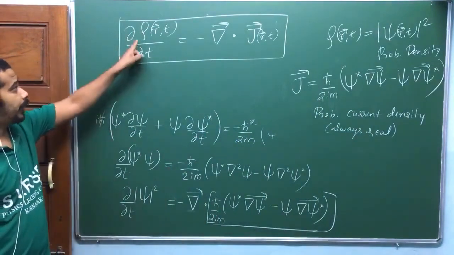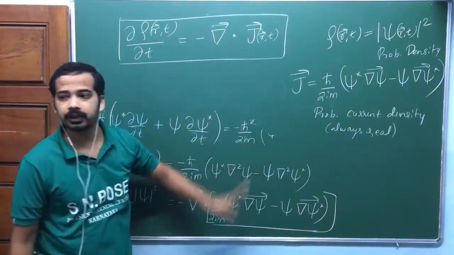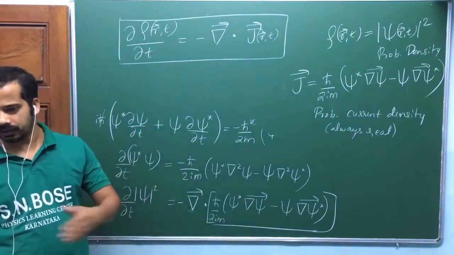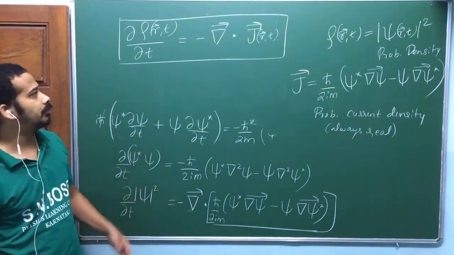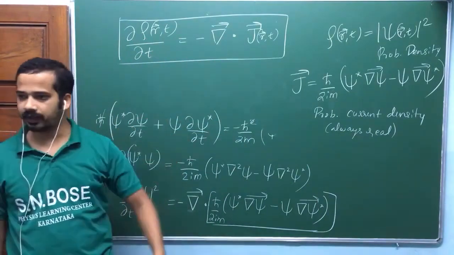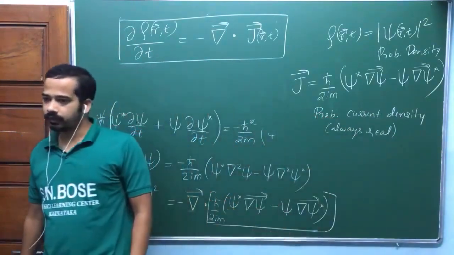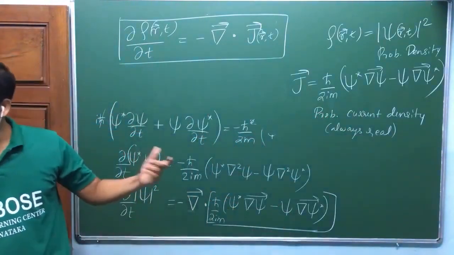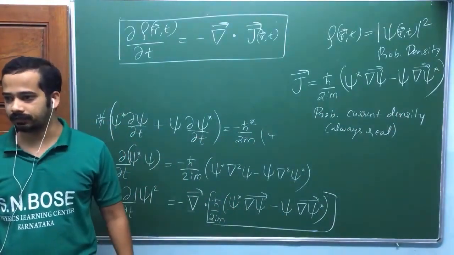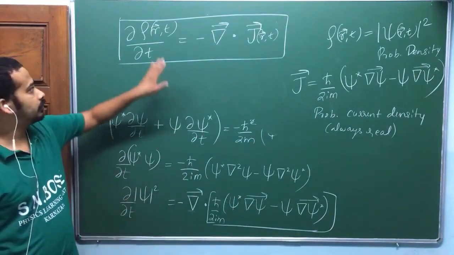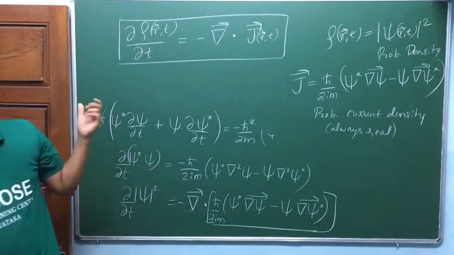But here it is probability density. We call this probability current density, because again, we are just copying the electrodynamics kind of idea. In electrodynamics, it is a charge current density. So this was charge density actually.